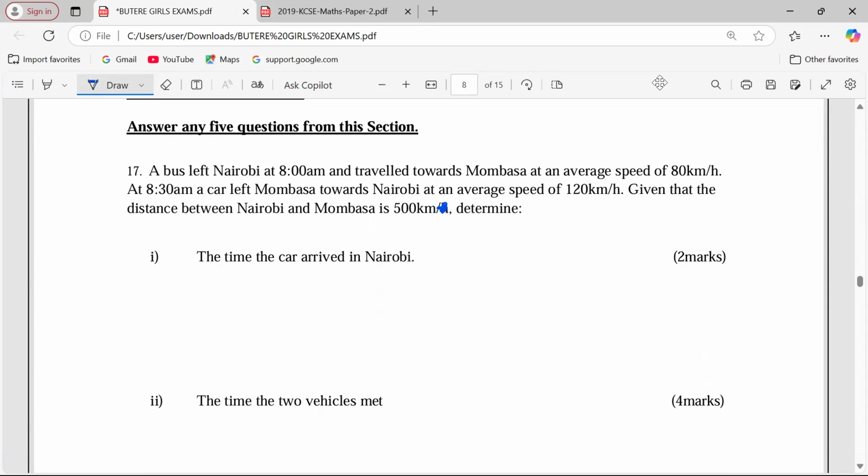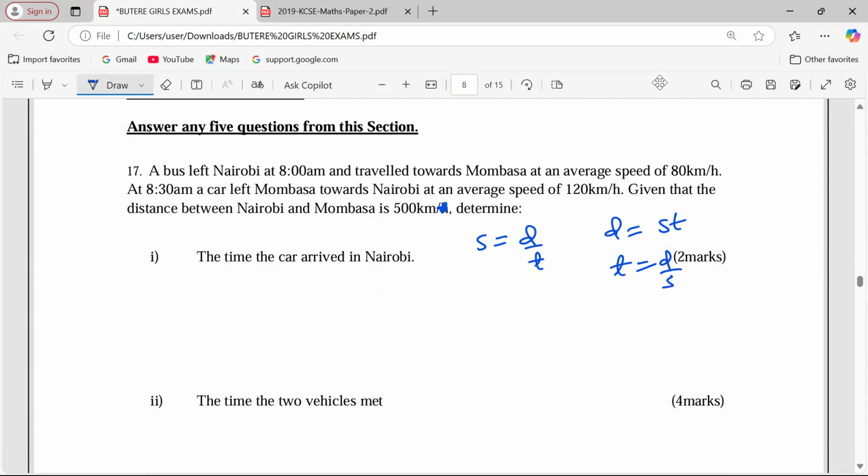This is a normal distance, speed, and time question, whereby we know that speed is given by distance out of time, meaning that distance equals speed times time, and time equals distance over speed.